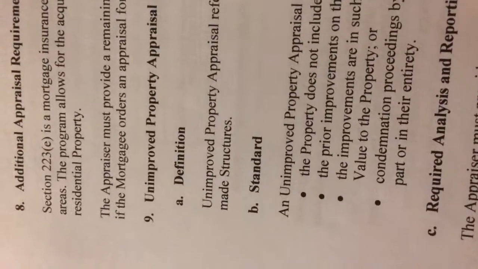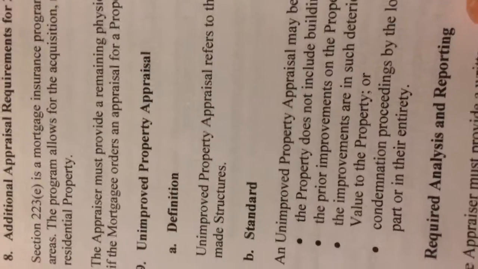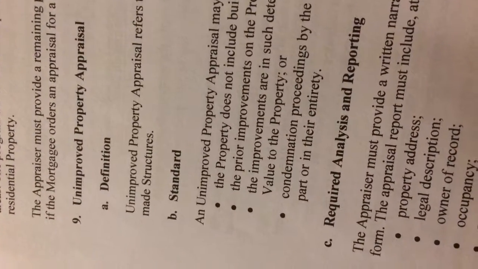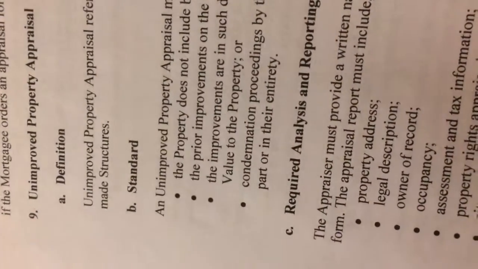9. Unimproved property appraisal. Definition. Unimproved property appraisal refers to the valuation of an interest in land without human-made structures. Standard.